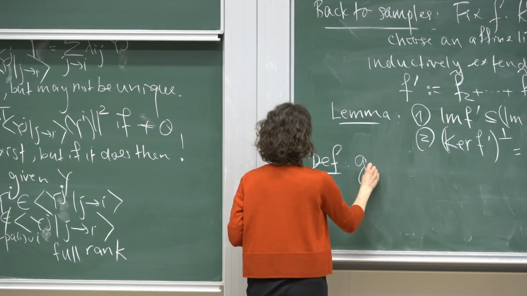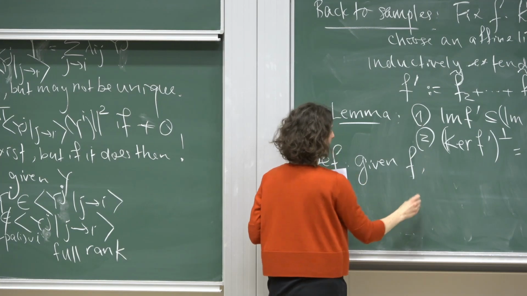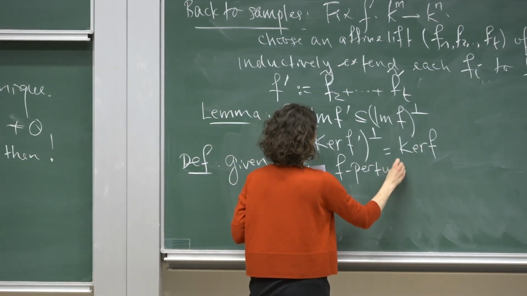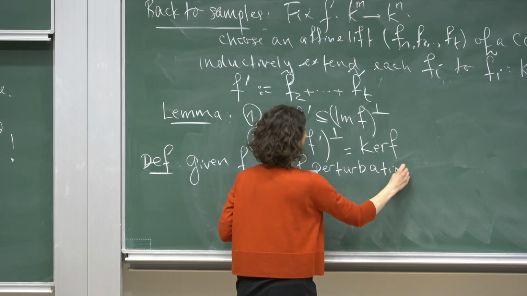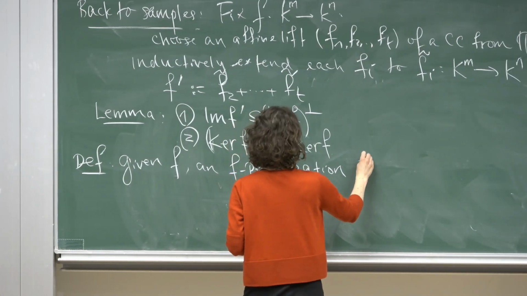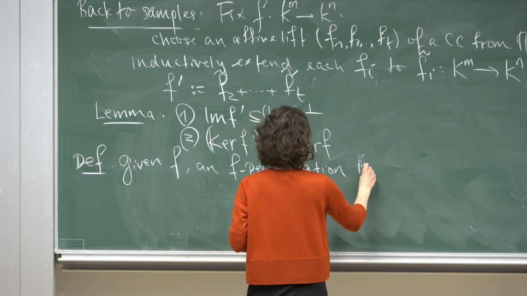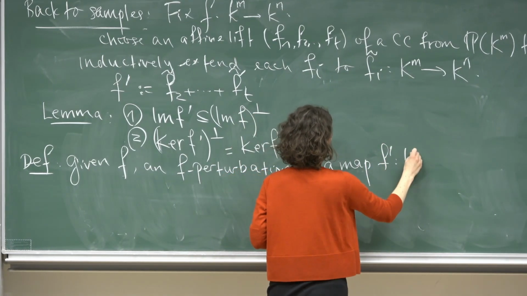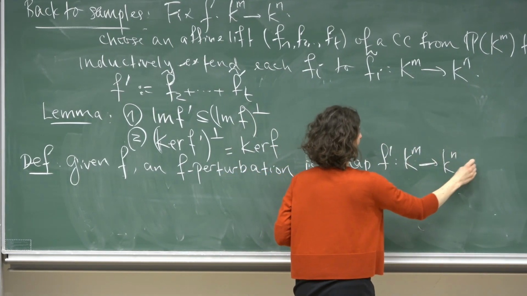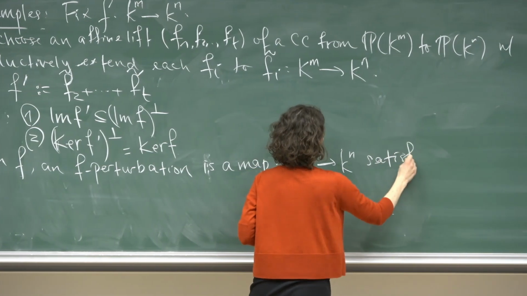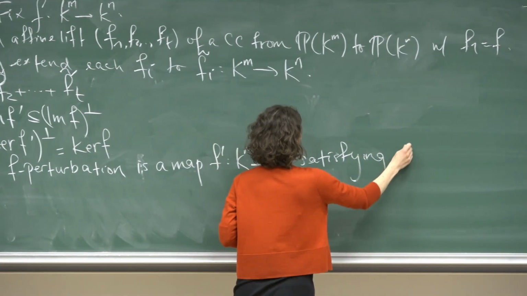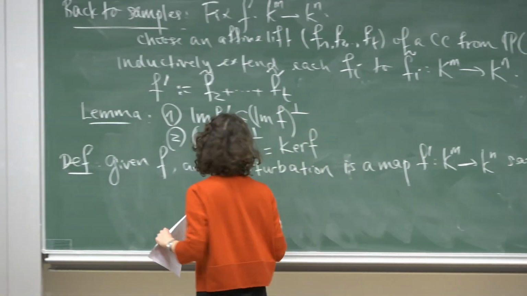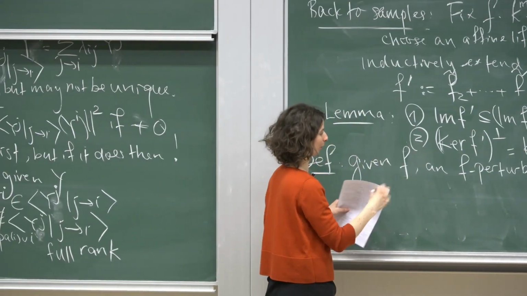So given a sample F, we'll call an F perturbation a map F prime from Km to Kn satisfying 1 and 2. And then we also want to combine that with our initial sample.